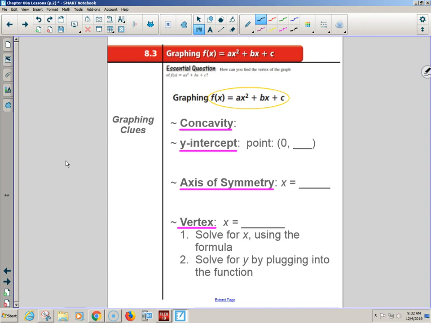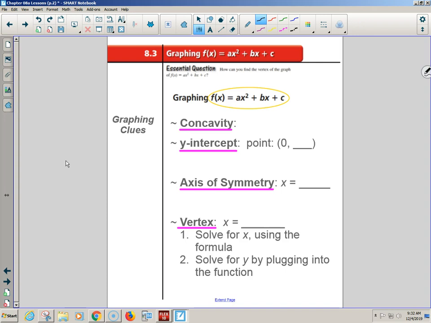Now the crazy thing is, you guys dealt with stuff that looked like this non-stop last chapter, because we were factoring these: 2x squared minus 3x plus 1, x squared plus 5x minus 6. You were factoring them, but you weren't graphing them. You were thinking about the math of how to find zeros of them.